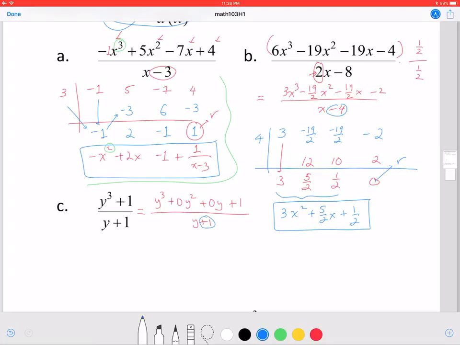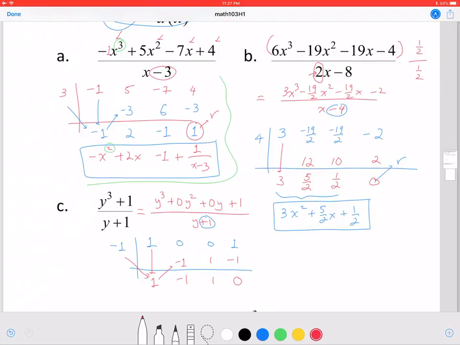So this plus 1 will become negative 1. Remember, always change your sign. Our coefficients are 1, 0, 0, 1. Let's see what happens. 1 comes down. 1 times negative 1 is negative 1. 0 plus negative 1 is negative 1. Negative 1 times negative 1 is positive 1. 0 plus 1 is 1. 1 times negative 1 is negative 1.